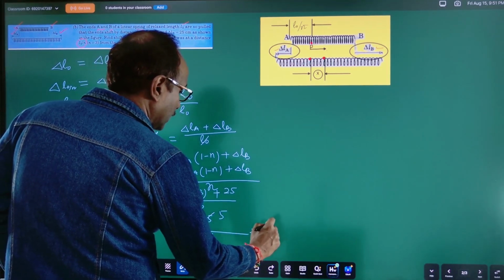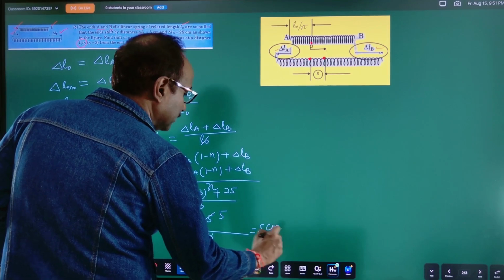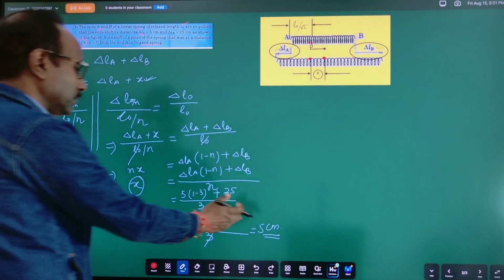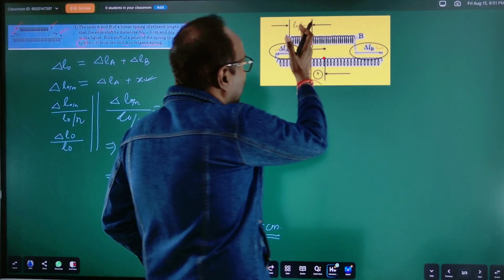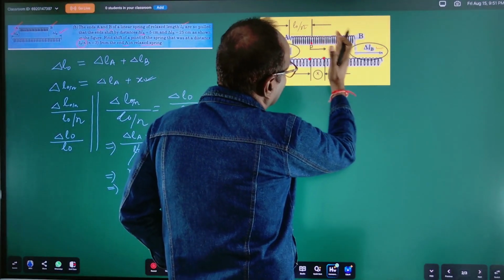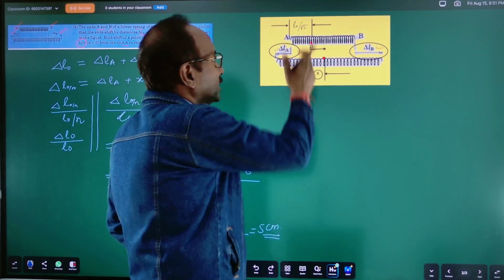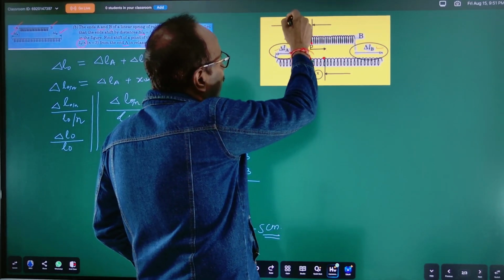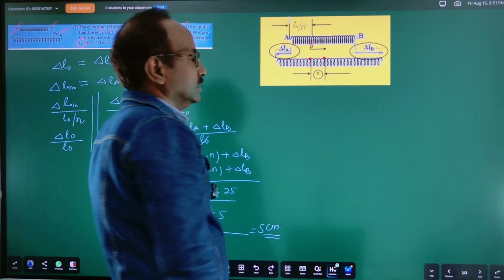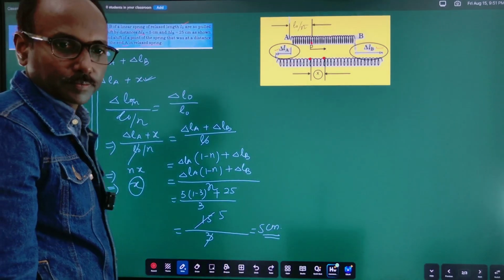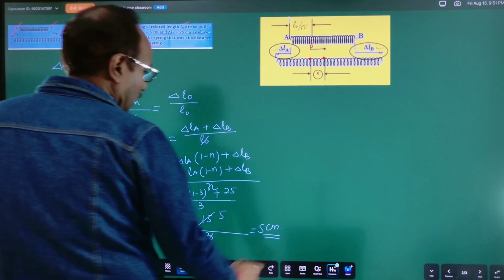So x will be 5 centimeter. Since it has come positive, we can say that point P has shifted rightwards from its original position with reference to this line. And this will be your answer.